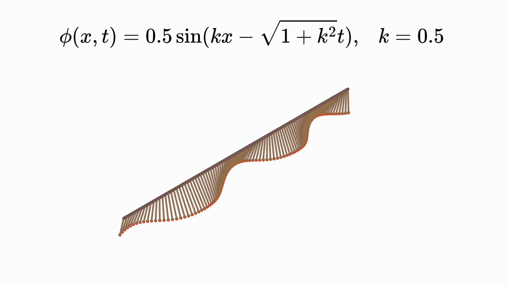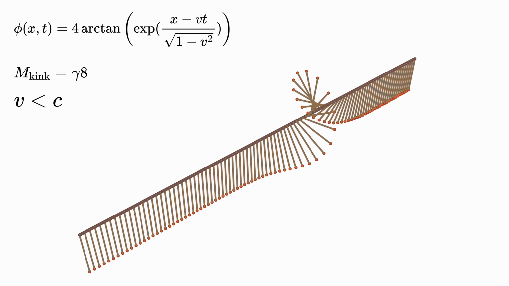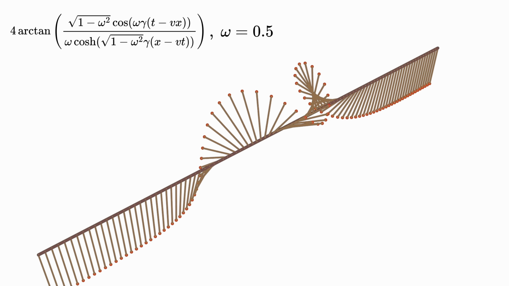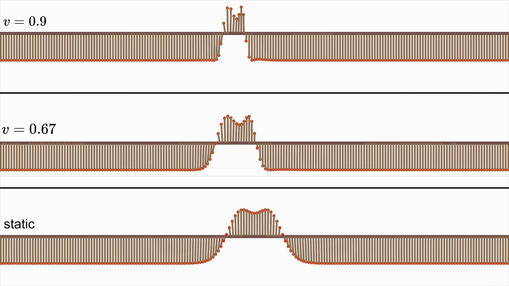So with a simple chain of pendula, we have achieved quite a lot. We have a theory of massless phonons and massive solitons that behave like particles, and they can form bound states, and all of it satisfies the special theory of relativity. And you can be quite philosophical about this.